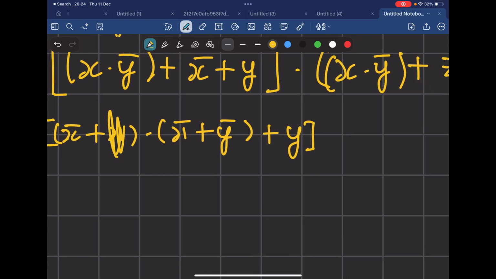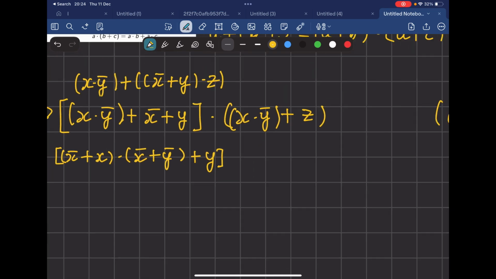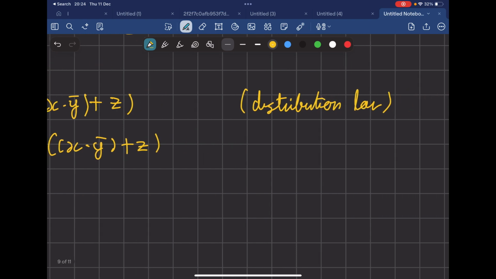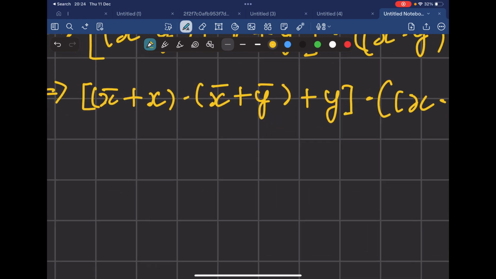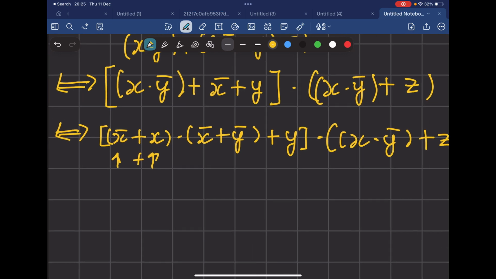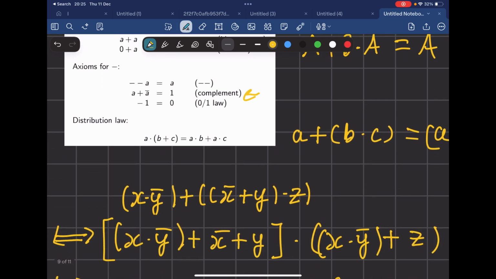So this looks really weird. Let me just rewrite it. There we go. This as well. What the hell is going on? Okay, and all this other stuff from before. So here we use the distribution law. Okay, so again, we have something plus its negation, and so we can use the complement law to reduce it to 1.